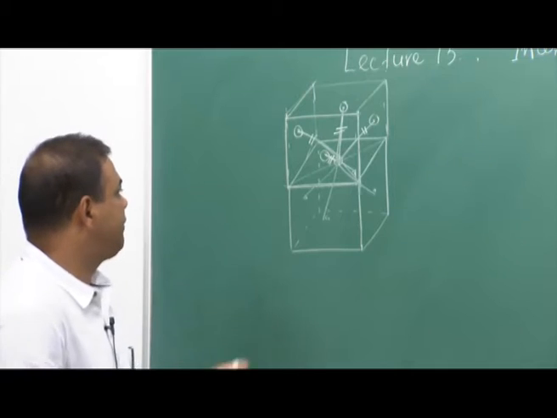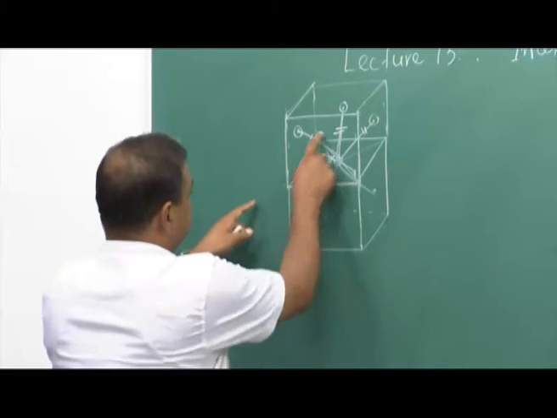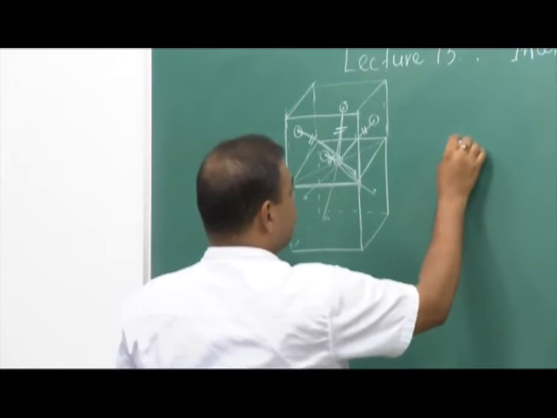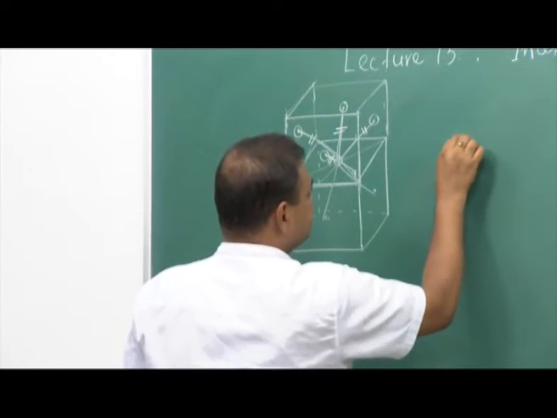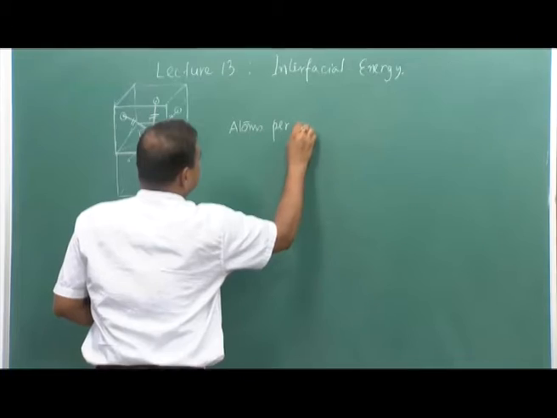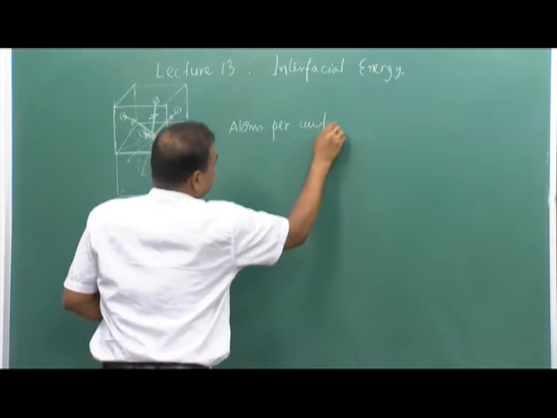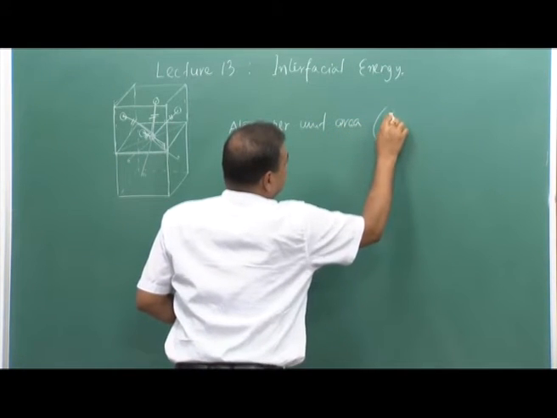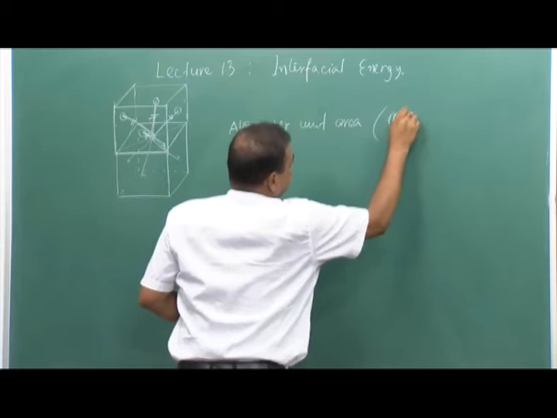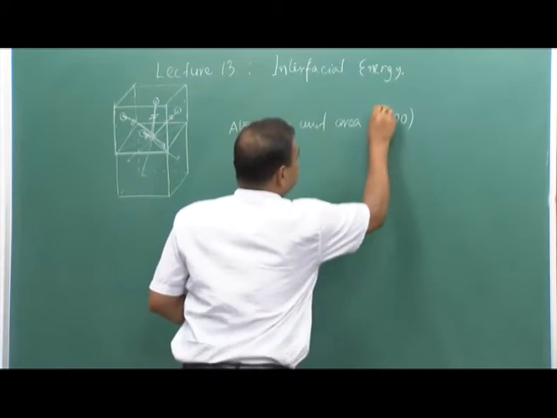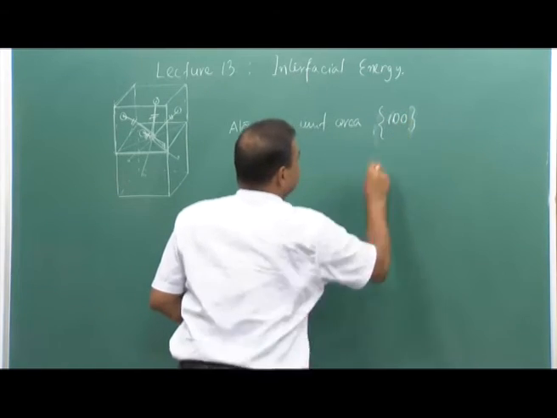Now, we have found the planar density of this plane. While finding that, we found the atoms per unit area for the 100 plane or 100 family of planes.